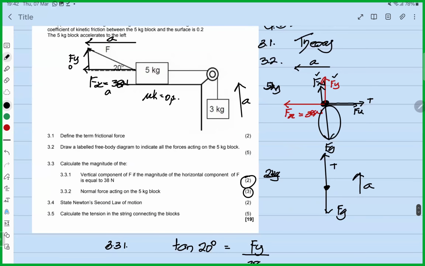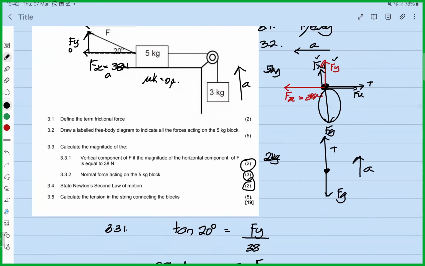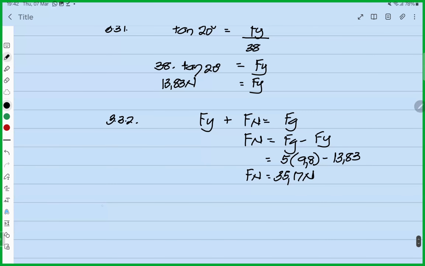I'm going to leave this out. And before we start with calculating the tension in the string, we need to get the kinetic frictional force. So I'm going to do that first for 3.4. Your Fk is going to be equal to mu k times N. The mu k was 0.2.